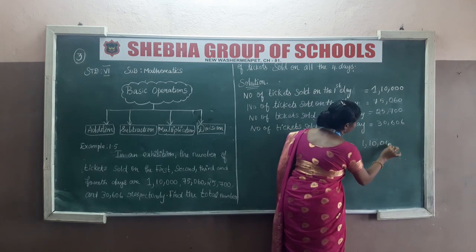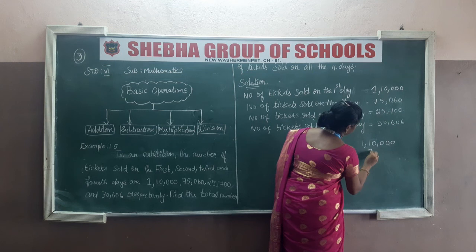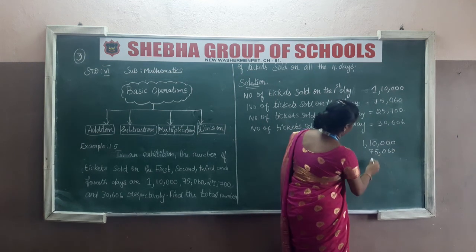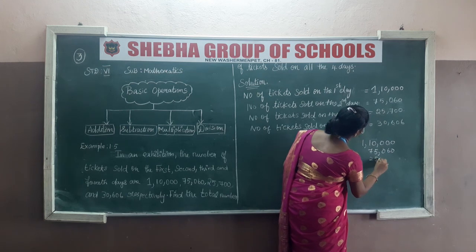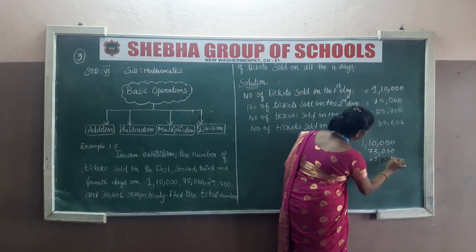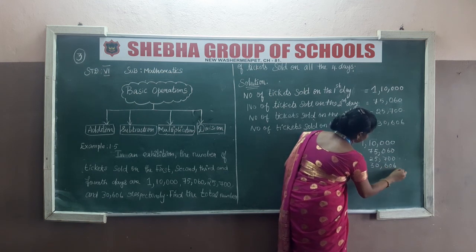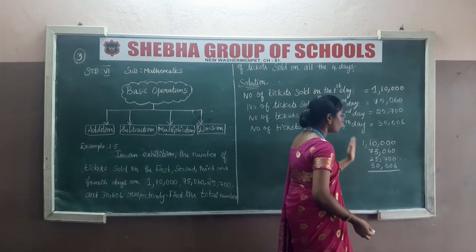First we can arrange the numbers: 1,10,000, 75,060, 25,700, 30,606. Then we have to add all the numbers.